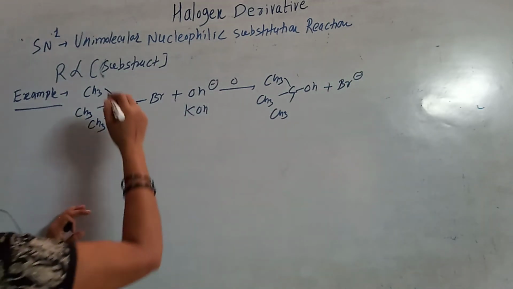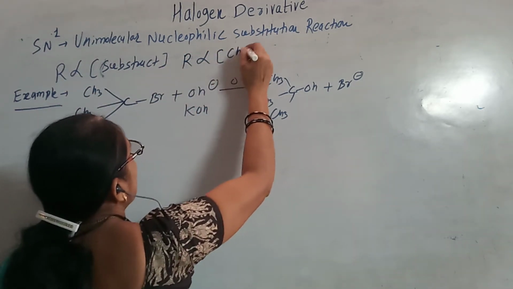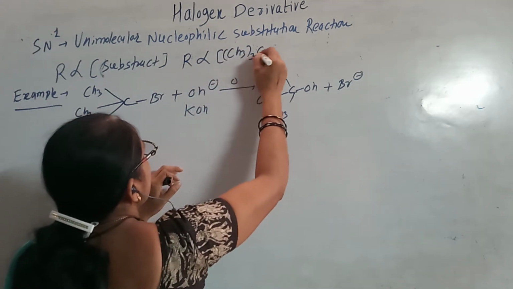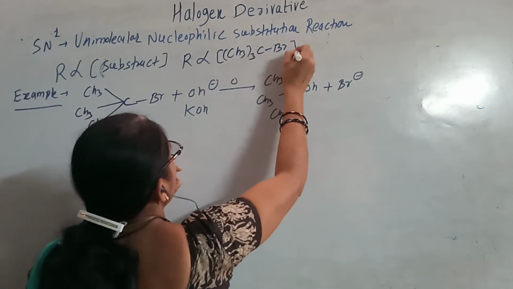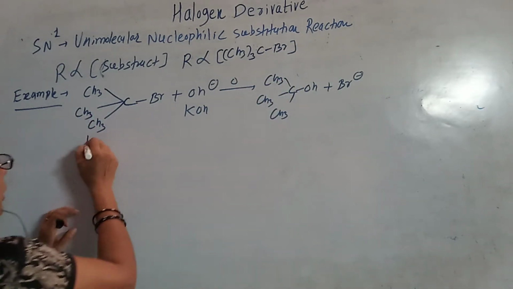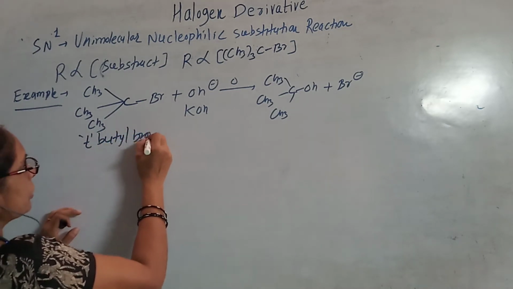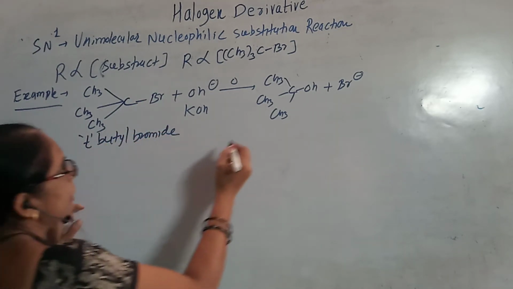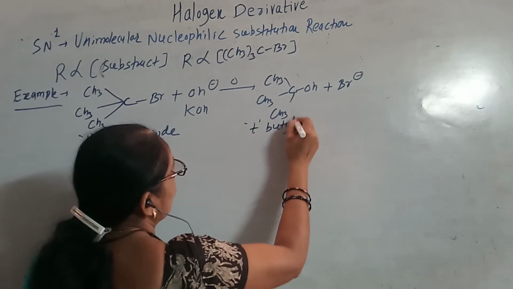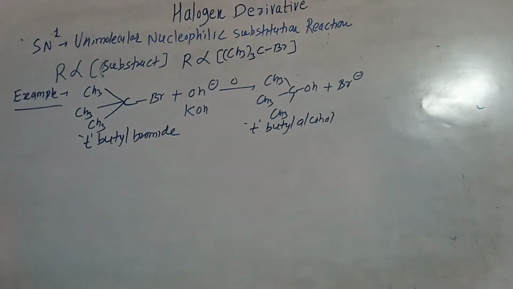In this reaction, the rate of reaction depends upon the concentration of only one, that is the substrate, and this is a reagent, the nucleophilic reagent. So it depends upon the concentration of only one substrate, that is tertiary butyl bromide, on which only the rate of reaction depends, and you get tertiary butyl alcohol. Okay, so from chemical kinetics it is proved.